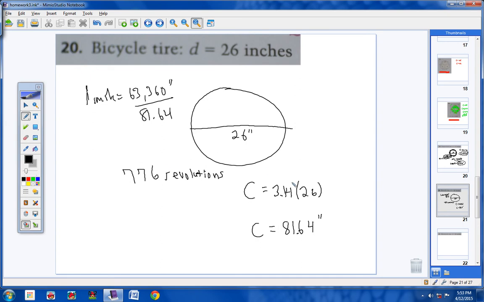There we go. So here's the first answer: how far would the car travel after one rotation? And then how many revolutions would the tire have to turn to reach 1 mile? 776 revolutions, okay? Alright, exact same thing.